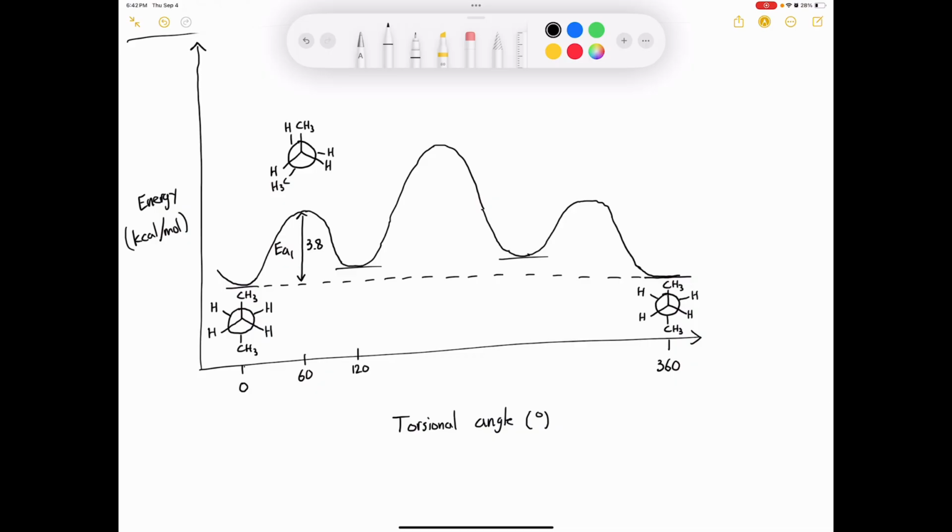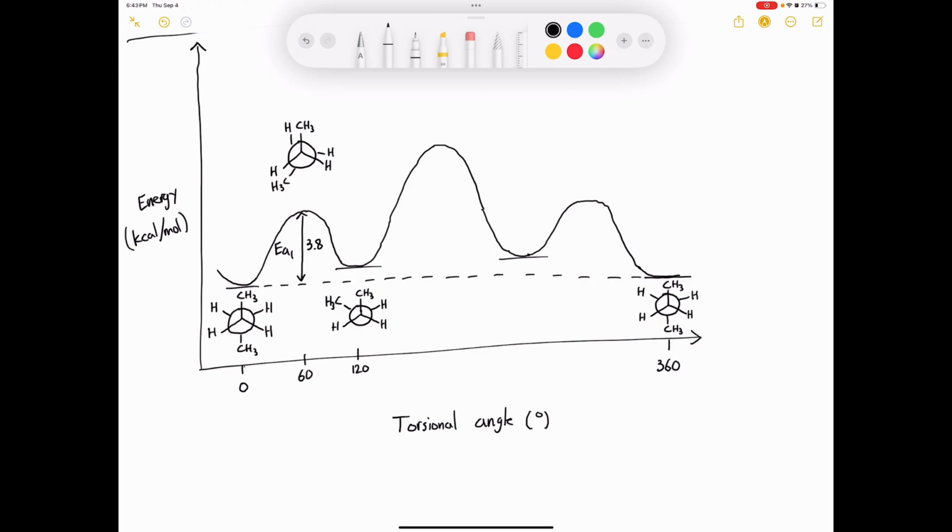This conformation right here is a staggered conformation, but it's not as stable as the other staggered conformation, because the methyl groups here are now close in proximity to each other, so there's going to be some interaction there.